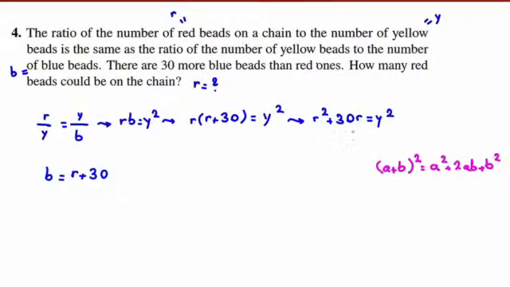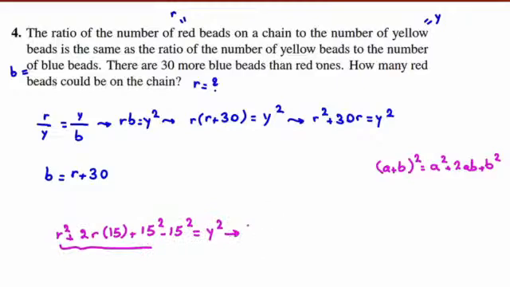If we use this on the left side, I can say R squared plus 30R. 30R is 2 times R times 15. Now, if I add 15 squared and subtract 15 squared, it will be Y squared. So this part equal to R plus 15 squared minus 15 squared, which is 225, equal to Y squared.